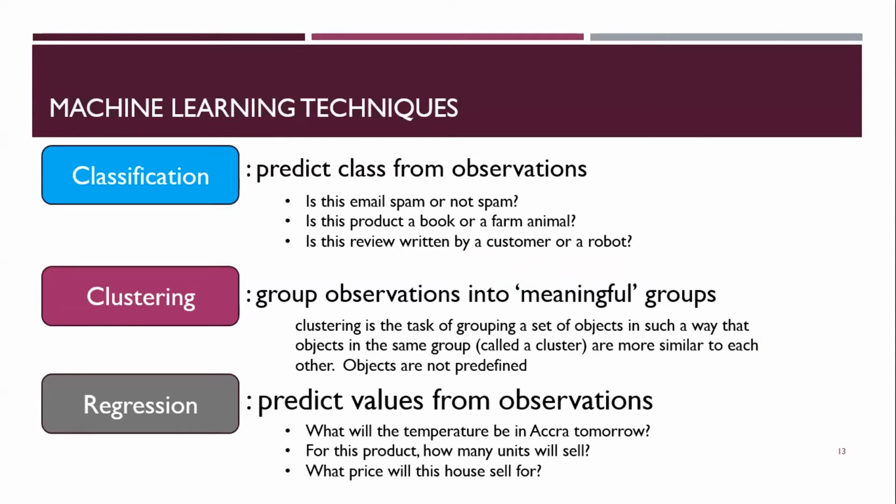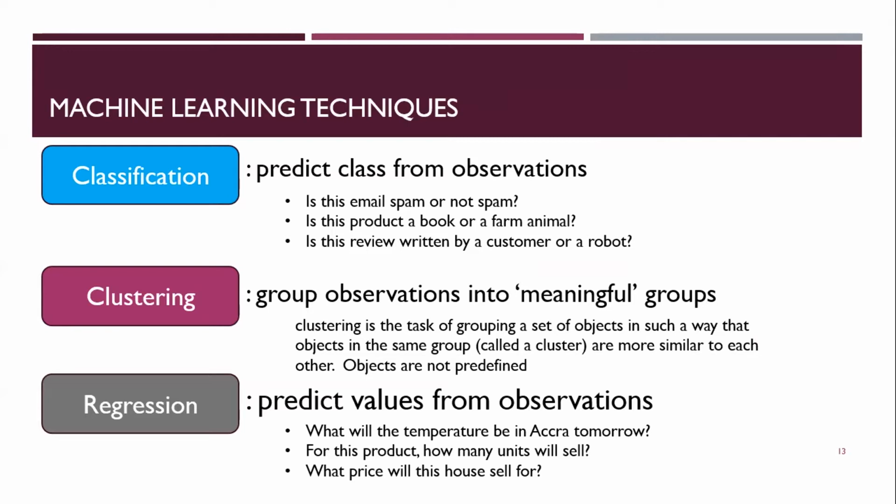In all these, the results of machine learning can be grouped into three main categories or techniques.